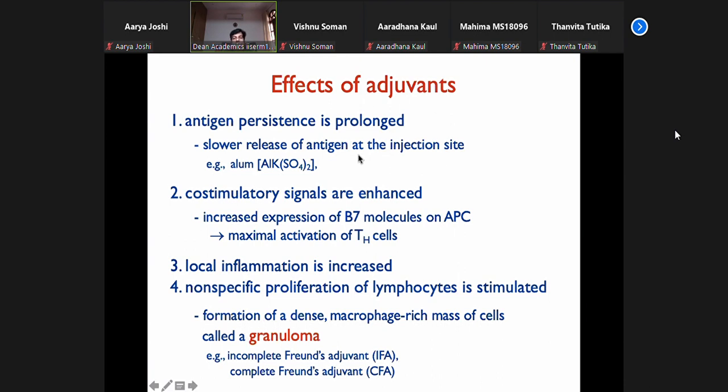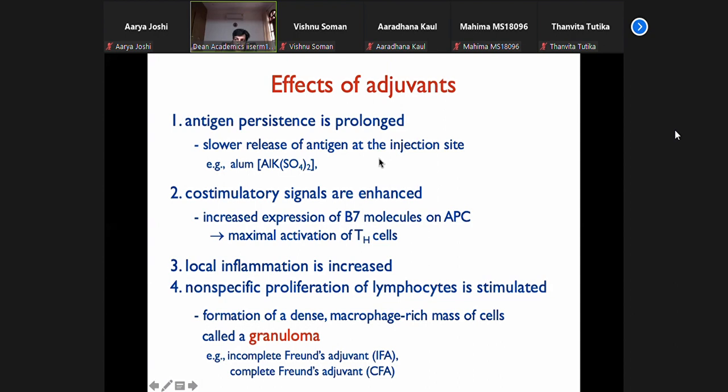Effects of including adjuvants to induce immune responses. One mechanism by which adjuvants enhance immune response is through persistence of antigen, that is, slow release of antigen at the injection site.